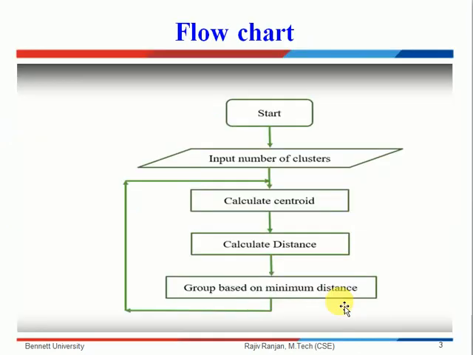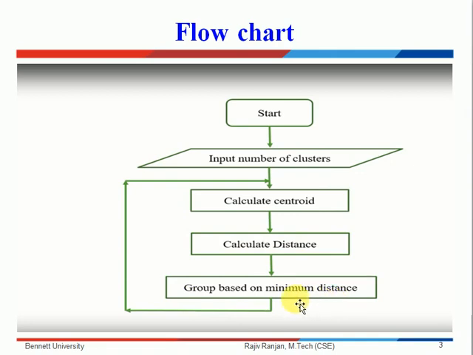So see here the flow chart of K-means clustering. First start and then input the number of clusters, right? So we have to decide how many clusters there will be to separate the objects. Thereafter it will calculate the centroid value, and then it will calculate the distance, and at last group based on minimum distance.